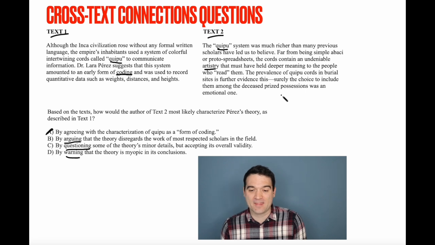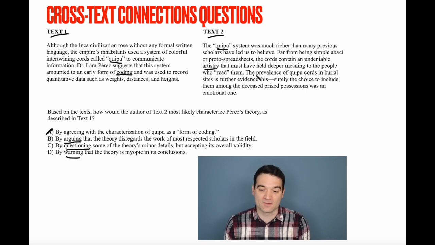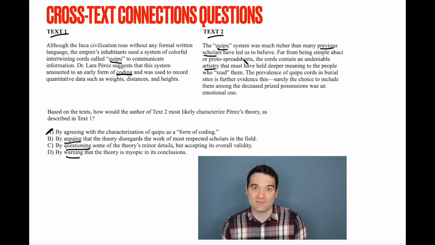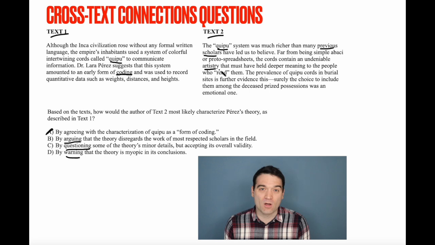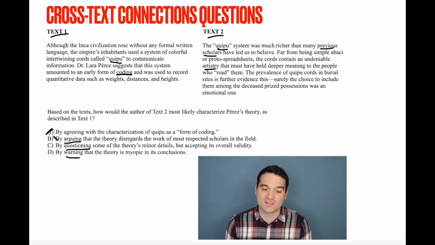Nothing here says that the respected scholars in the field acknowledge the art. In fact, it says many previous scholars, the system was richer than many of them led us to believe. So if anything, text 2 is disagreeing with other scholars in the field, including Dr. Perez. So that's out.